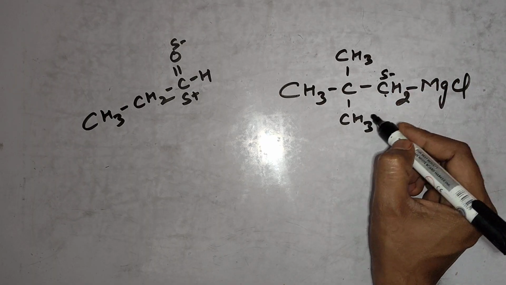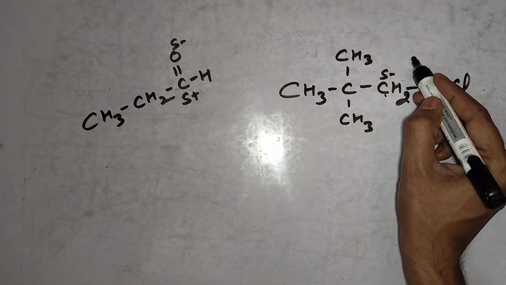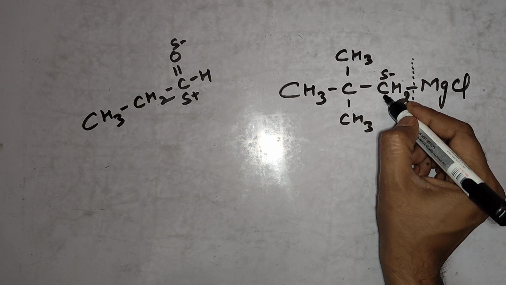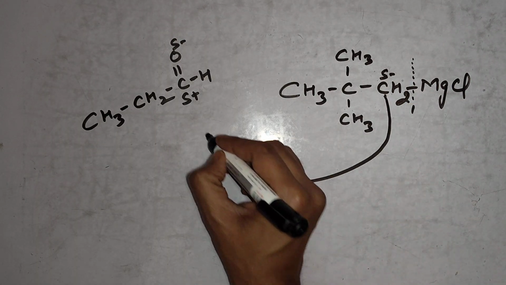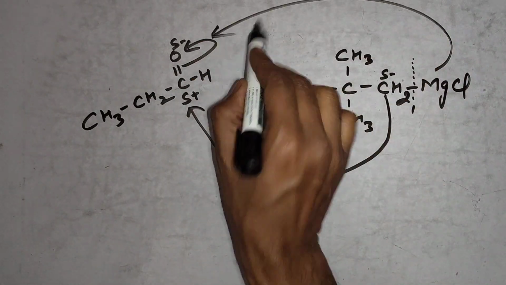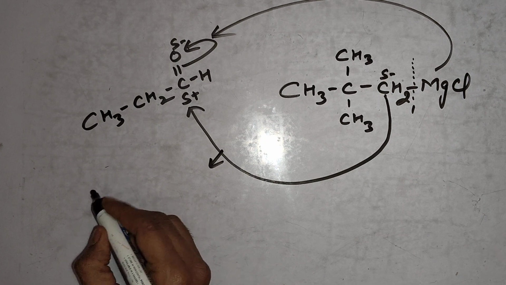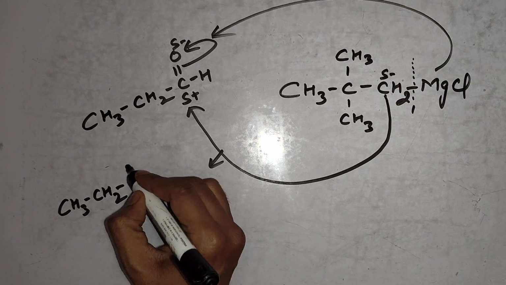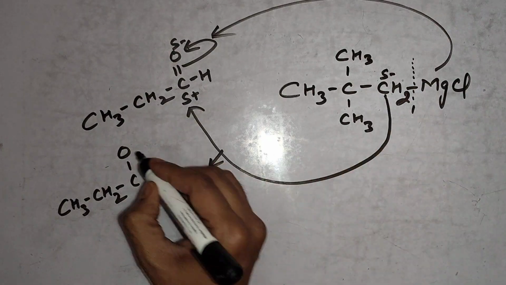This is partially negative, so obviously the bond will break from here during the attack. This negative carbon will attack this carbon. Pi electrons will shift, which will be attacked by magnesium. So the product generated will be CH3CH2CO, and O will be attacked by MgCl.